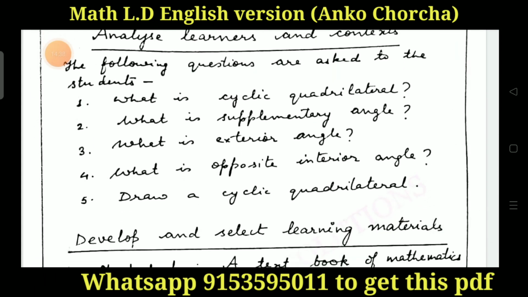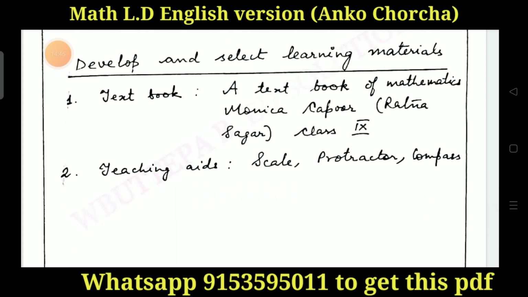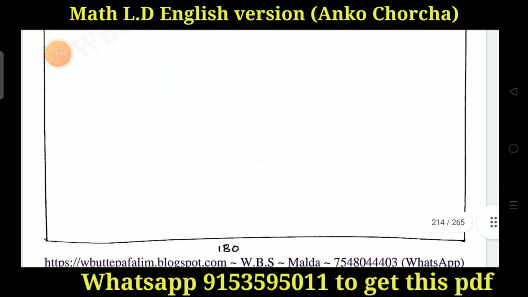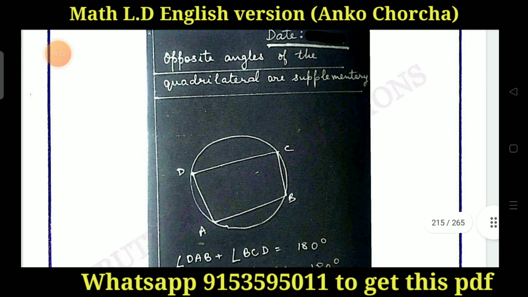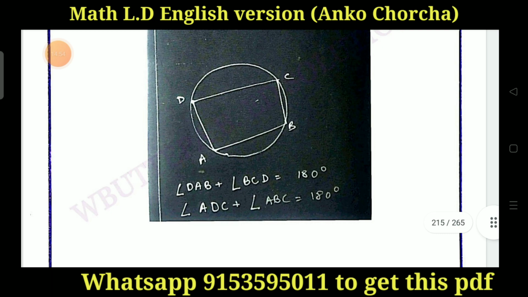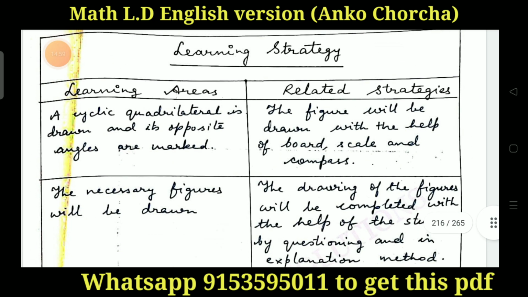Analyze learner and context. There are some questions asked. Develop and select learning materials, textbooks and teaching aids. Here are some blackboard works. Learning strategies, learning areas and related strategies.